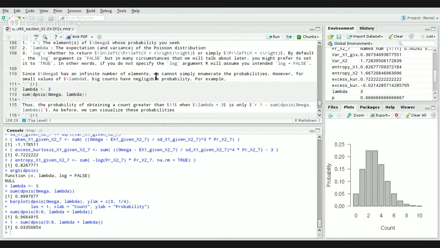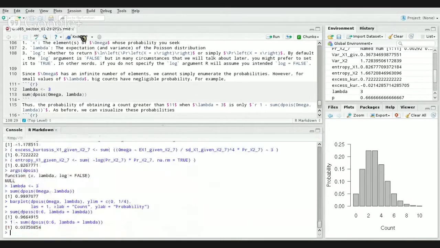But when we click knit PDF, it is going to take all of those code chunks that we defined in our RMD file, execute the R code, and output the results underneath each R chunk in a PDF file, do some syntax highlighting, etc. So it's pretty easy to read.